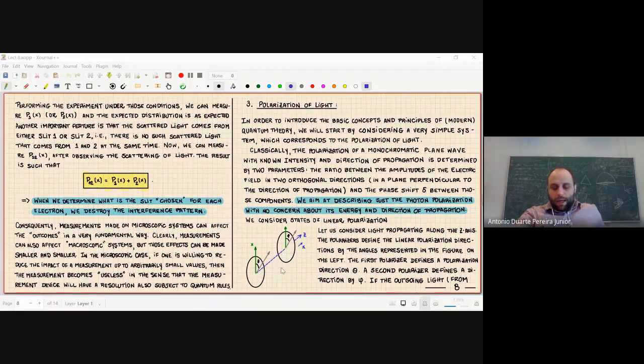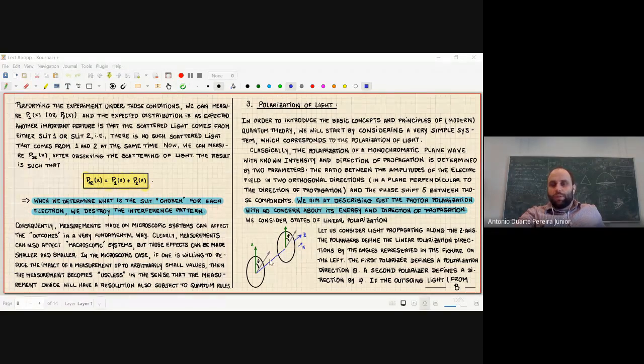I can rotate the polarizer, so I can have a second polarizer that points in a different direction that I am calling phi. When light passes through the polarizer with polarization phi, I say that light will be polarized in the phi direction. This vector k represents the direction at which my light wave propagates.